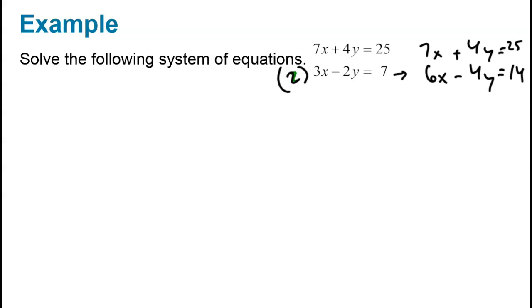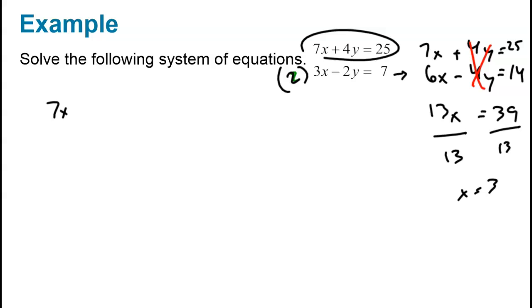So now we can recognize that when we add these, that eliminates the y. We get 13x equals 39, and get that by itself, and x equals 3. So now that we have our x, let's solve for y, and we'll do that in the problem that we originally had, this first one up here, so we'll plug that back into 7x plus 4y, because we didn't just solve for that one, we used the one below it.